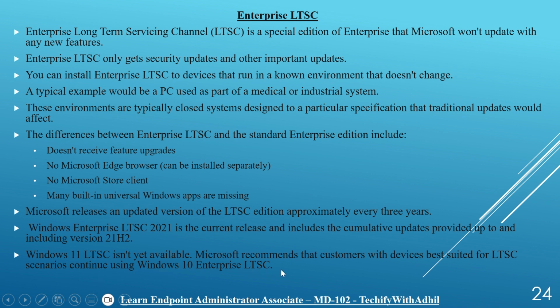Soon there should be a Windows 11 or higher version of Enterprise LTSC. The next version should be released. So this is like a customized OS version supporting certain scenarios only, where we'll have a closed environment of usage and we don't want much downtime in upgrading and updating the patches and so on.